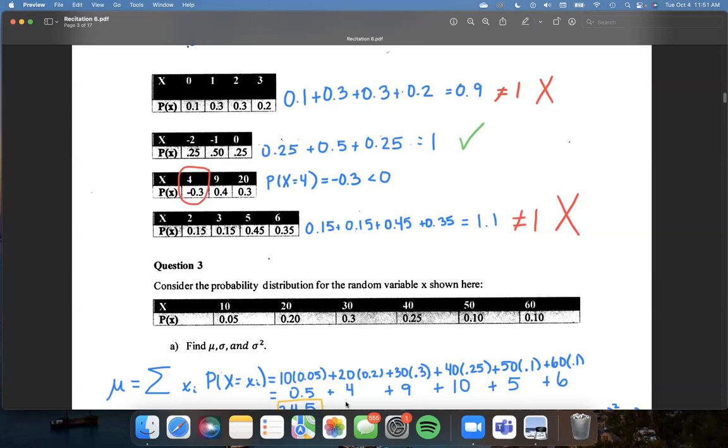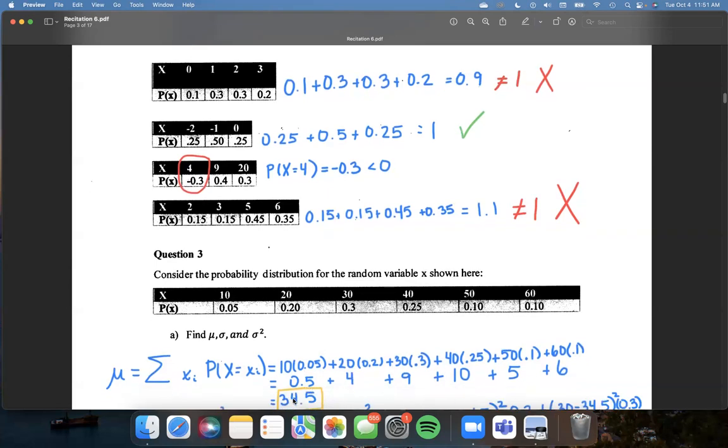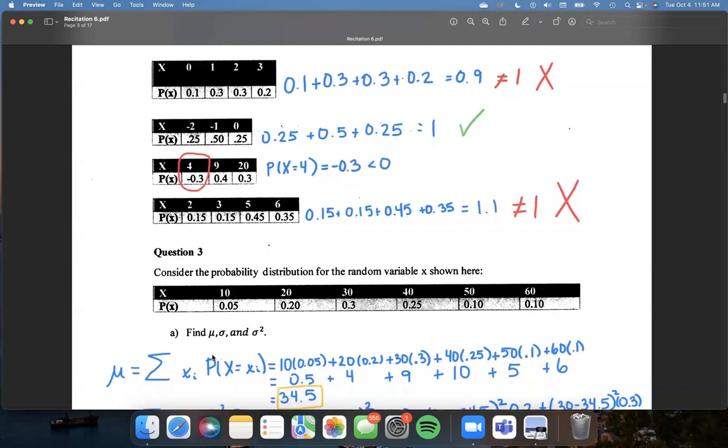When you punch it in your calculator, you have to do multiplication first. Then you'll get the second row, and when you add those together, you should get 34.5 as our expected value mu.